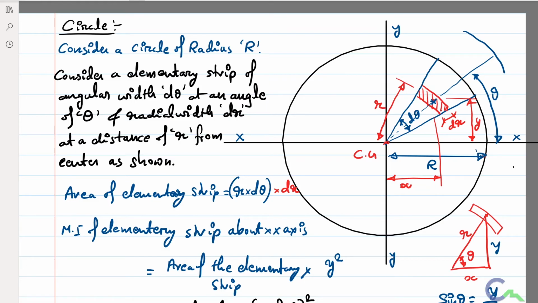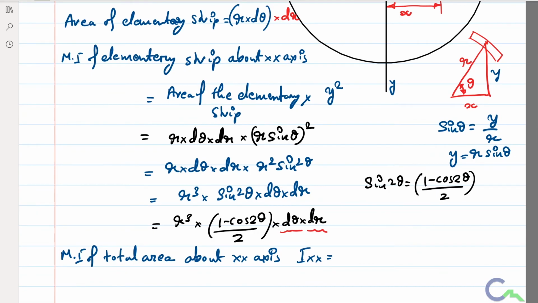So I have to apply two limits. The first one, radius varies from 0 to R, and theta varies from 0 to 2 pi. So the angle of the circle, that is 360 degrees, that is 2 pi.